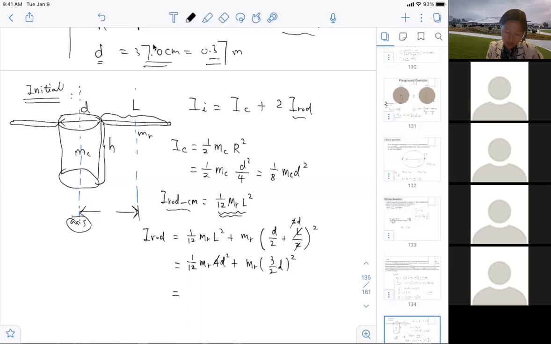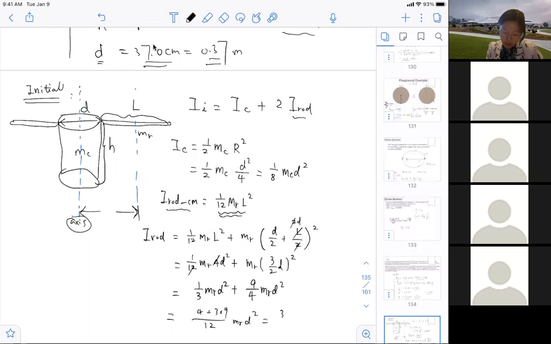That becomes 1/3 mr d squared plus 9/4 mr d squared. You can group these together, and it becomes 12 in the denominator. So that becomes 4 plus 3 times 9, mr d squared.